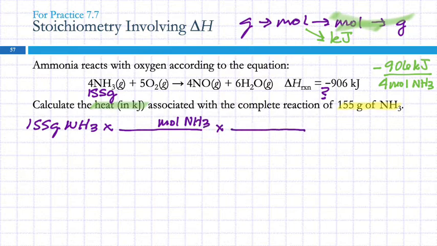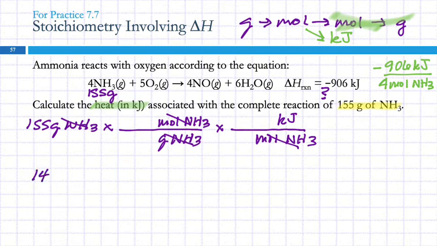And then I know the relationship between moles of this and the energy, so I can go directly to the kilojoules. So I get grams of NH3 down here, and moles of NH3 down here. Grams and moles, that's molar mass.